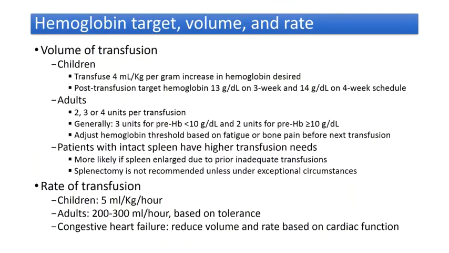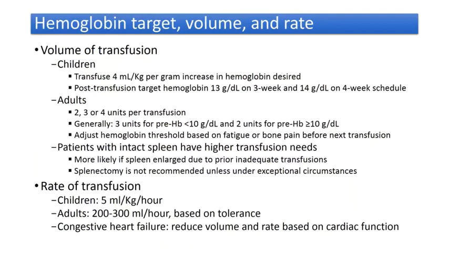In general, 3 units are needed for pre-transfusion hemoglobin less than 10, and 2 units if the pre-transfusion hemoglobin is 10 or more. But in adults, it's also important to adjust the hemoglobin thresholds based on fatigue or bone pain that may happen prior to the transfusion.